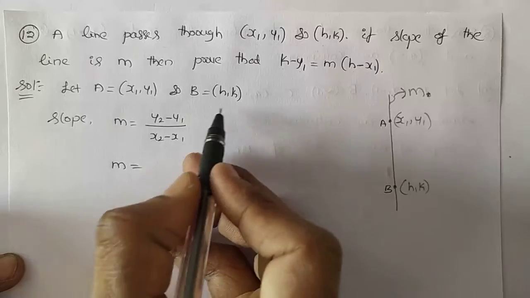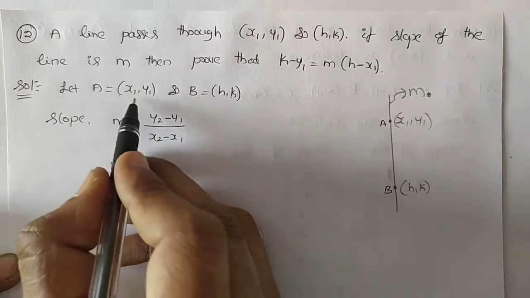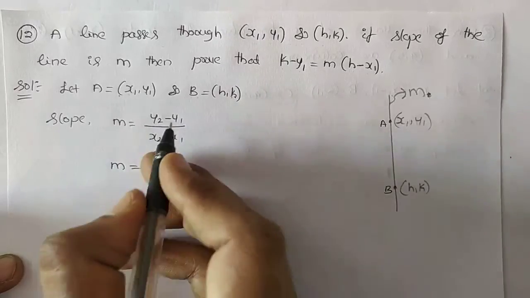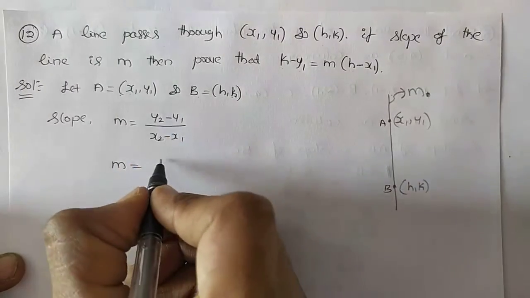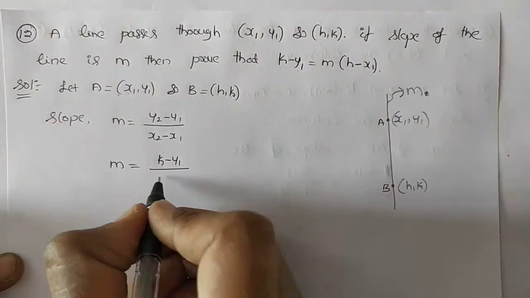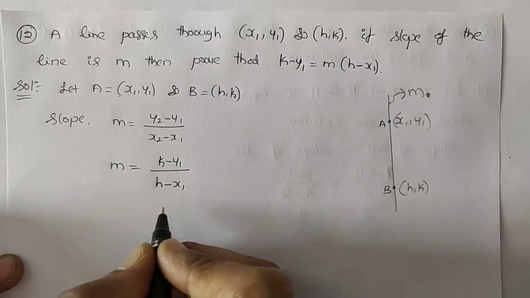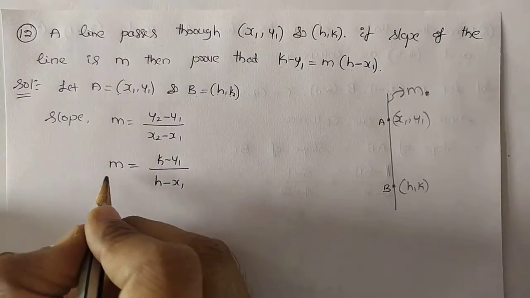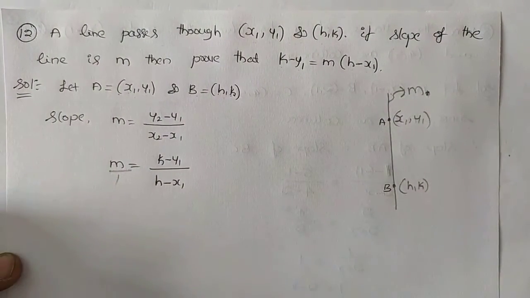So m equals the slope of AB, which is k minus y1 divided by h minus x1. Now take the cross multiplication. If nothing is there, it means there will be 1.